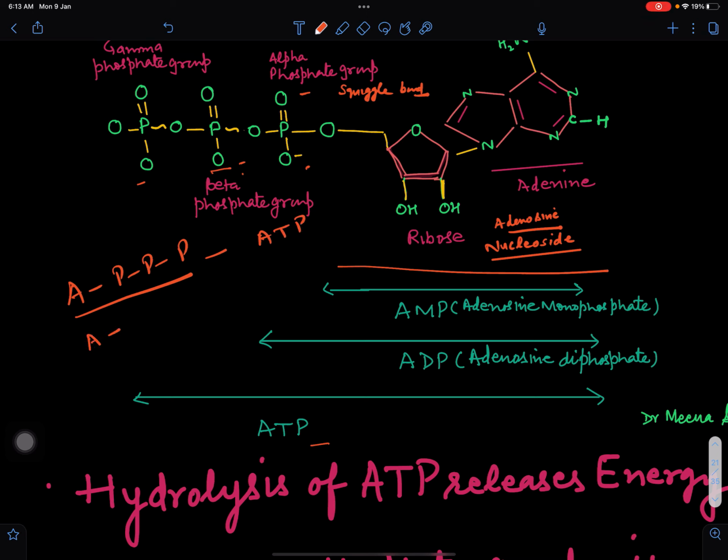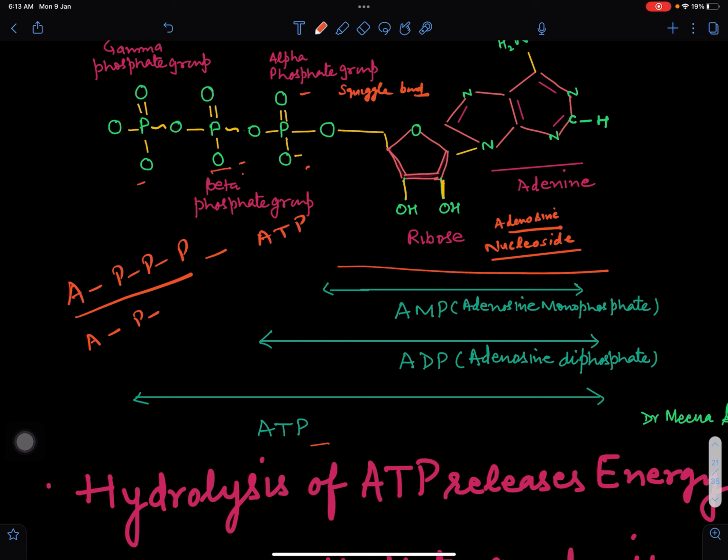And when one phosphate gets broken down, this is called hydrolysis, and this will get converted to ADP. And when this bond is broken, this is called AMP, that is adenosine monophosphate. So whenever any bond breaks, this releases a lot of energy, and this phenomenon is also called hydrolysis.